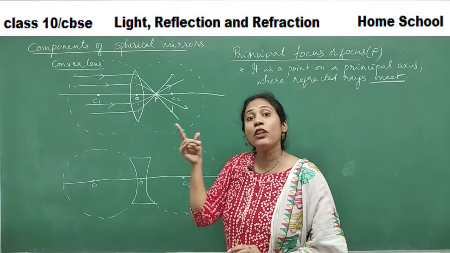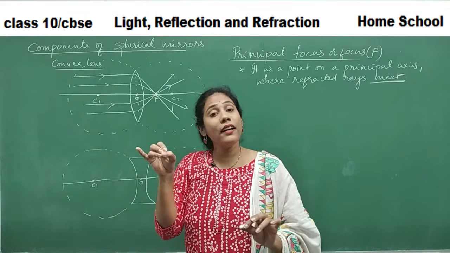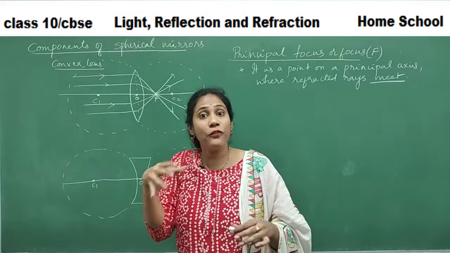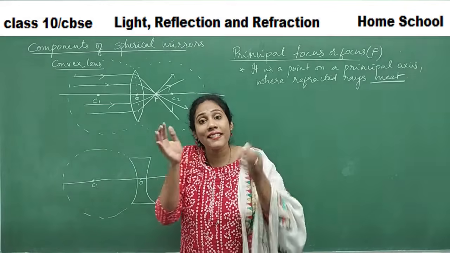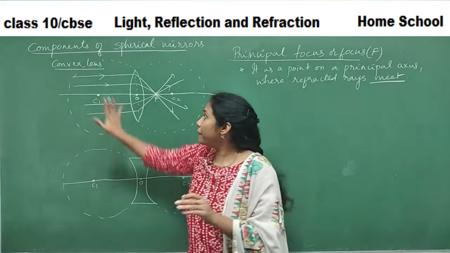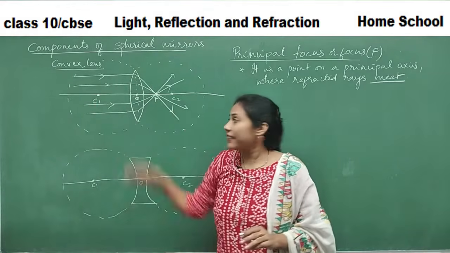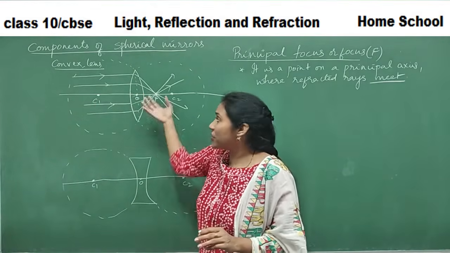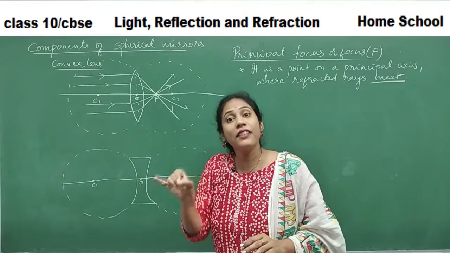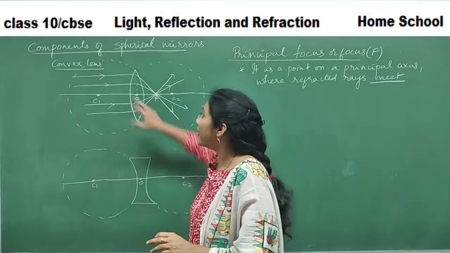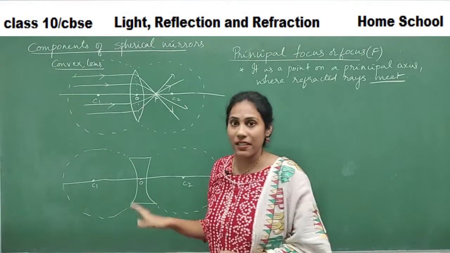Do you remember the concave mirror? When you were detecting the focus point, the reflected rays converged. All the reflected rays met at a certain point. This kind of convergence you have seen in reflection also, that is in the concave mirror. Similarly, here converging is taking place in a convex lens.